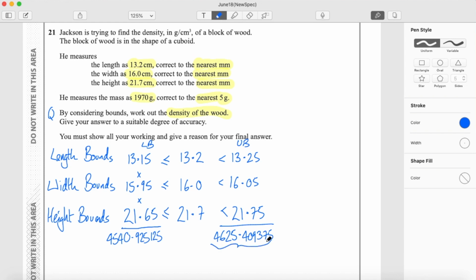So that is our upper bound for volume, and this is our lower bound for volume.